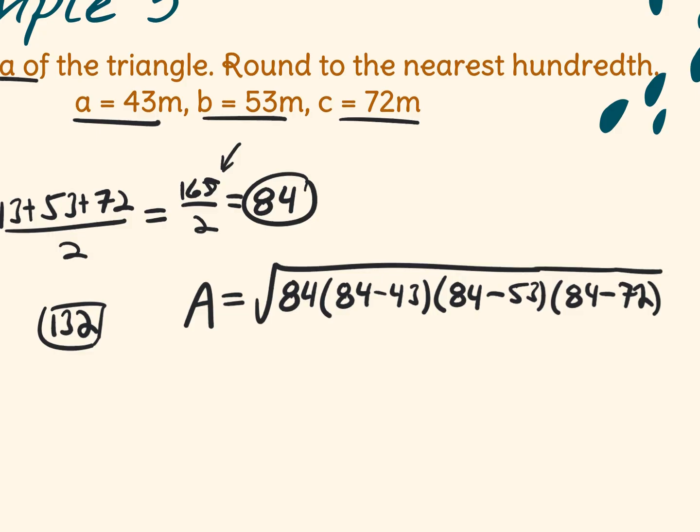Most calculators can do this in one go. You don't have to evaluate each one. You don't have to do 84 times minus 43, and so on, get numbers, multiply them. Again, most calculators can just do this in one step. Especially if you have the graphing calculator, you can make sure that it looks exactly like what you see here.